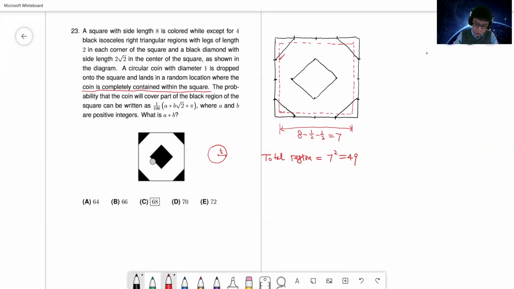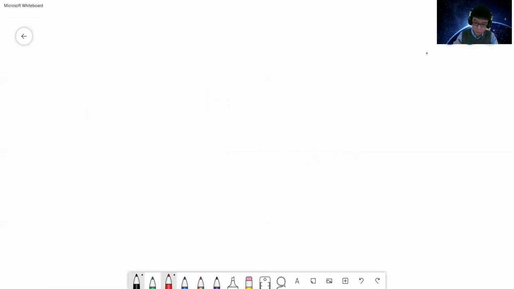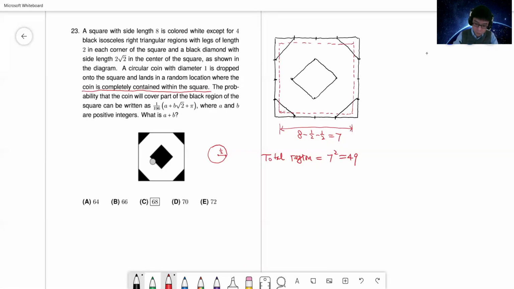So basically, I draw this part 1/2. So maybe let me draw here. What I mean is this distance is 1/2. If the distance is less than 1/2, the coin touches the black region. Similarly, we also have for the center part, this is also distance 1/2.